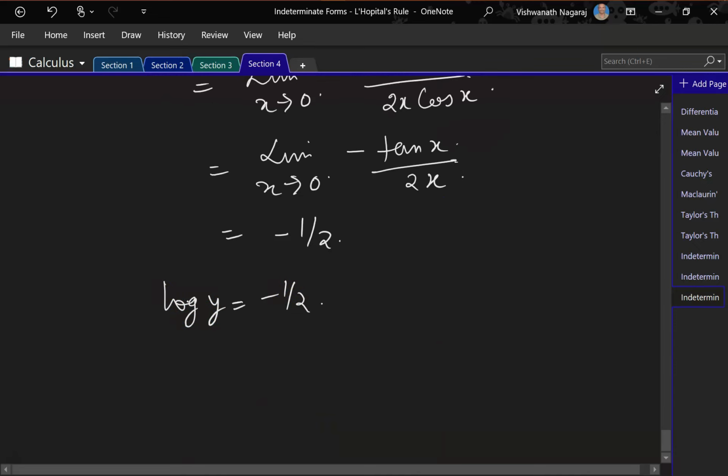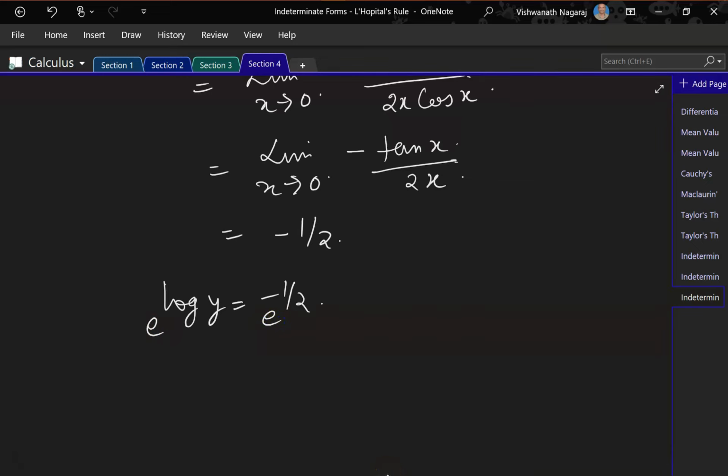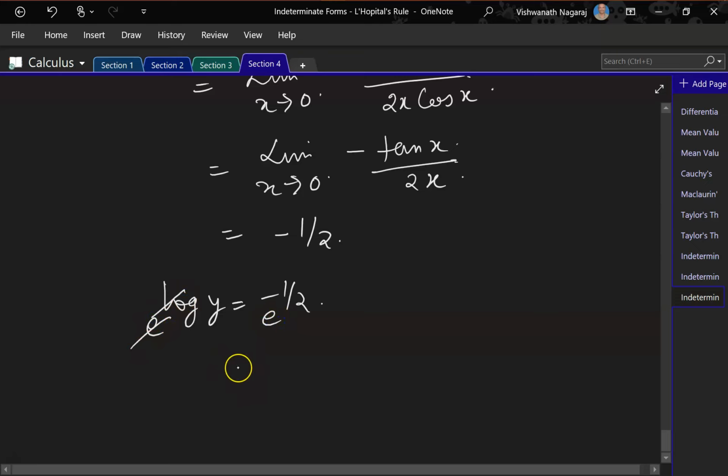We want to get rid of log, so e to the power of. This also becomes e to the power of. So this and this get cancelled, and we are left with y equal to e to the power of minus 1 by 2. And that's the limit.